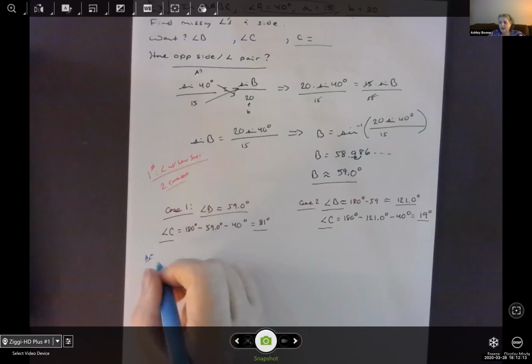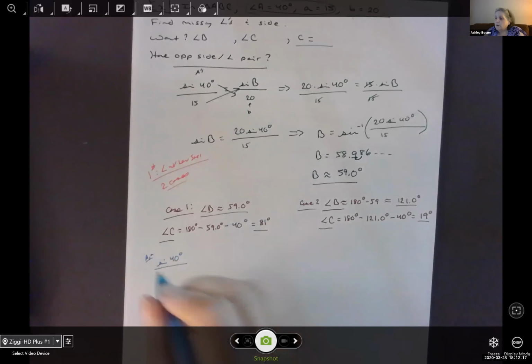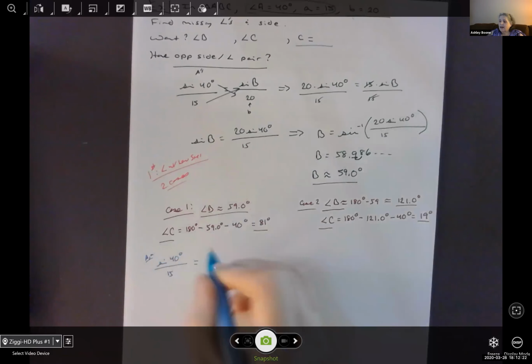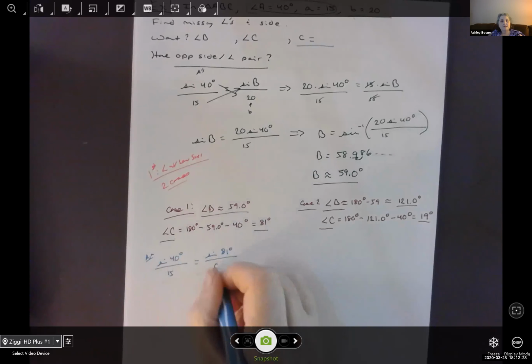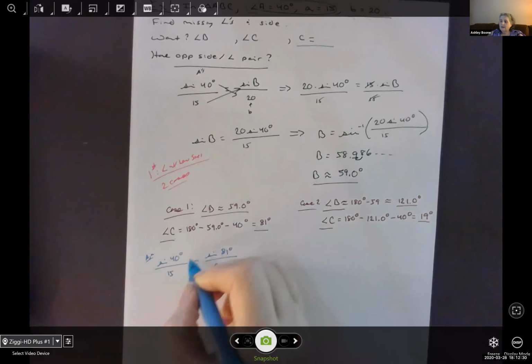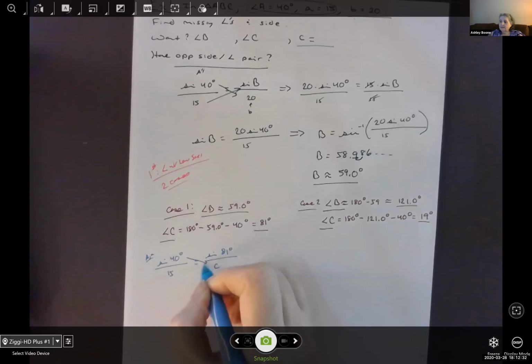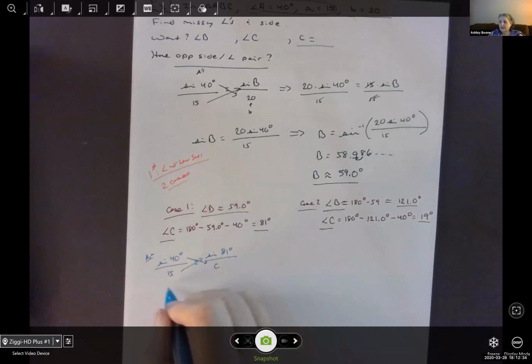So the sine of angle A, sine of 40 degrees, is to side A, which was 15, as the sine of angle C, which would be 81 degrees, is to side C. And so again, we would use our law of sines. So we have C times the sine of 40 degrees equals 15 times the sine of 81 degrees. Divide by sine of 40.